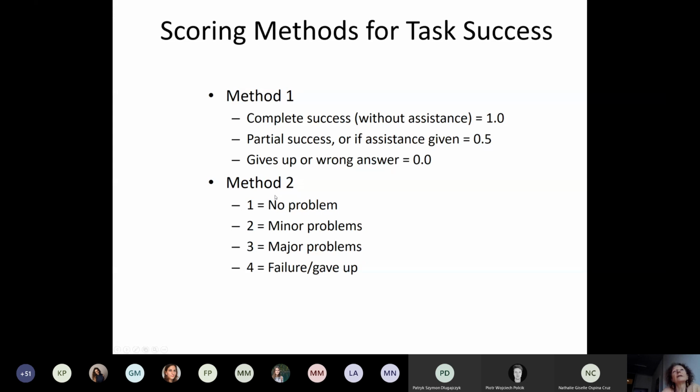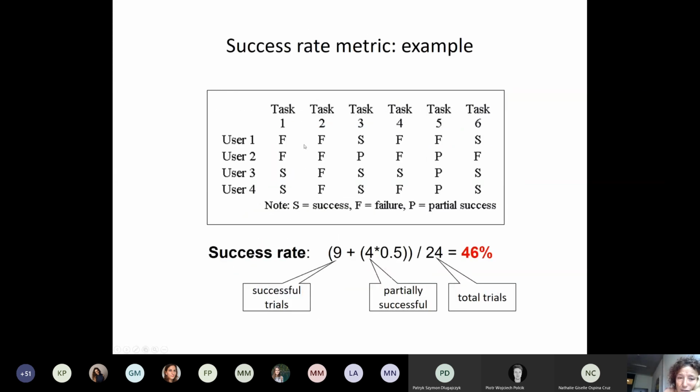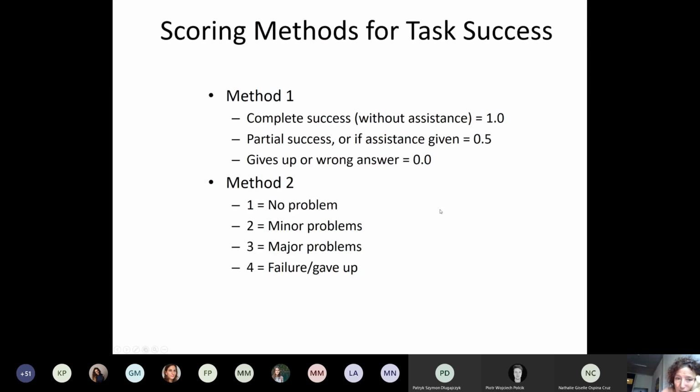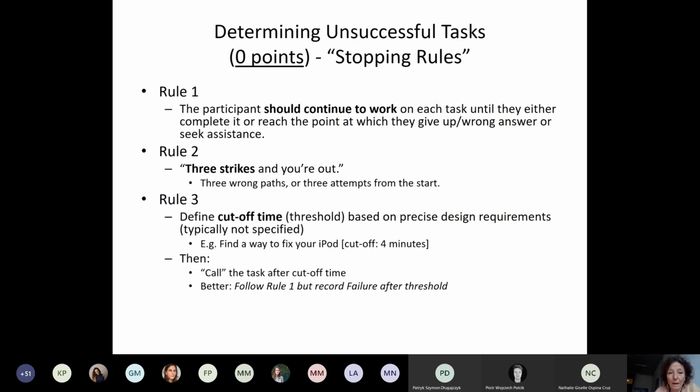Also, you can use another metric for each task and for each user. Instead of using success, partial, failure, you can say 1, achieved with no problem, 2, minor problem, 3, major problem, 4, failure, give up. It's up to you, it depends on which tasks you define and how you measure them. Also, you have to define your stopping rules.